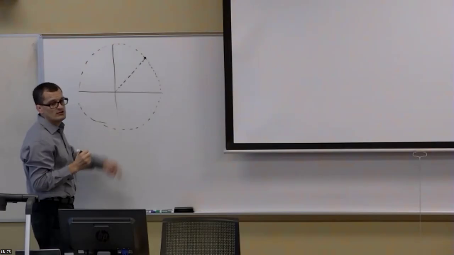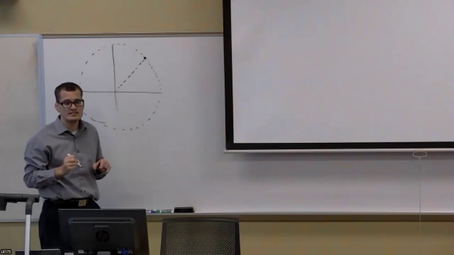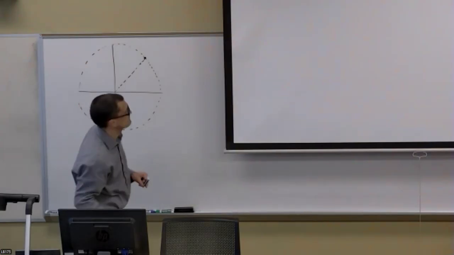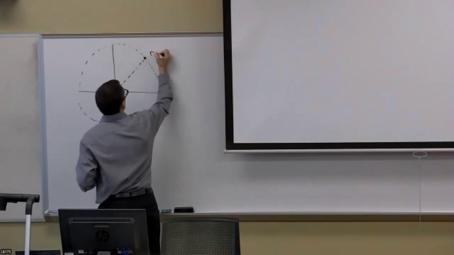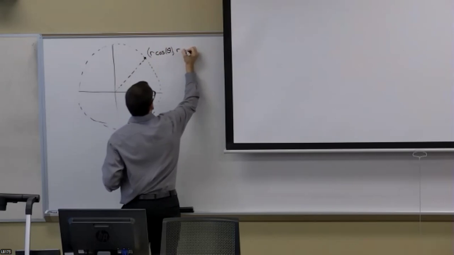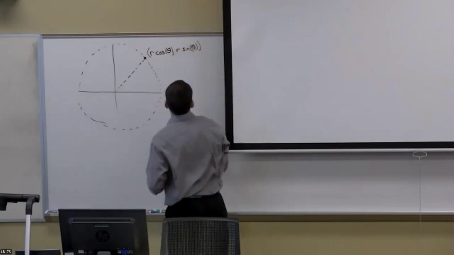Okay. So any point in the Cartesian coordinate plane can be written as r cosine theta as our x value and r times sine theta as our y value.